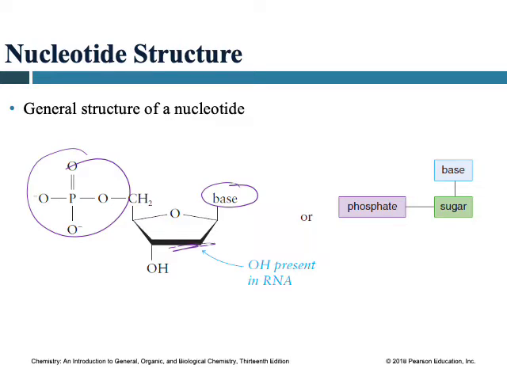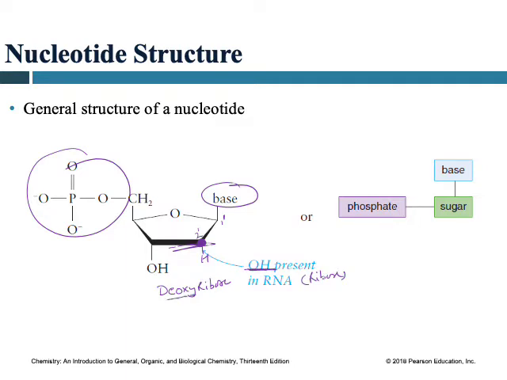And over here, if you see, this is the second carbon, this is the first carbon. So this sugar is deoxyribose. If you remember, on the second carbon you don't have any oxygen, you have just hydrogen, right? If it was ribose, then the OH should be present there, but OH is not present, only hydrogen is present.